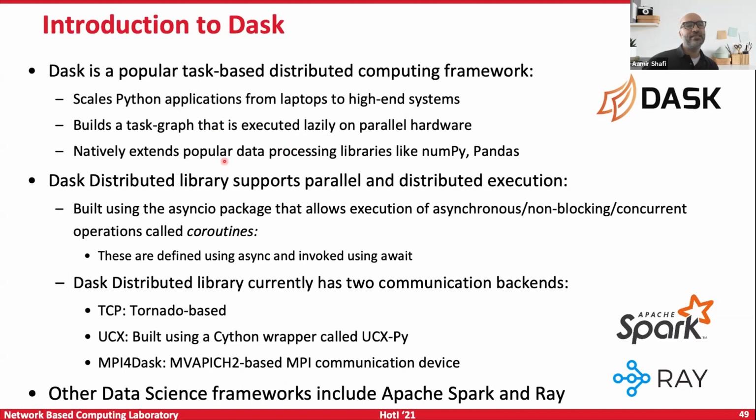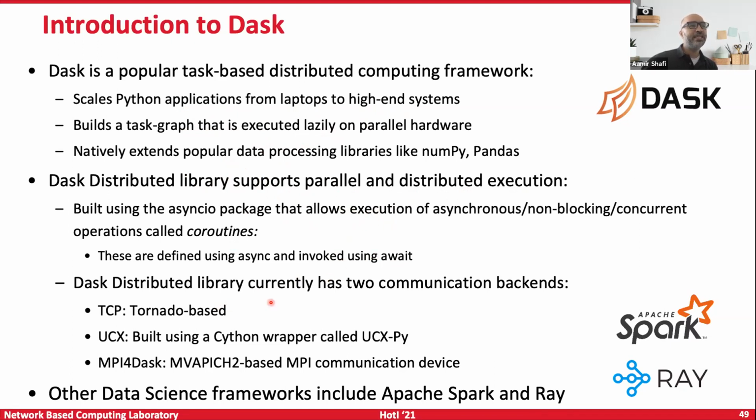One of the strengths of the Dask ecosystem is that it extends popular data processing libraries like NumPy and Pandas for parallel environments. Dask distributed, as I mentioned, supports parallel and distributed execution. Under the hood, it uses the asyncio package that manages parallel and distributed execution. We will talk more about this later.